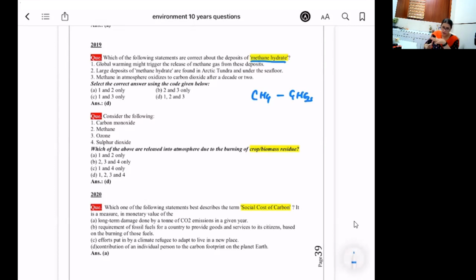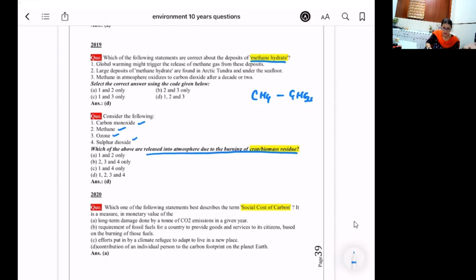But then while organizing that, I have a convention which is related to change of climate, and I have a convention which is related to biodiversity conservation, I become better positioned to solve such questions. See this same question here, I have given the highlighting reference to the analysis, it becomes easier. Carbon monoxide, methane, ozone, and sulfur dioxide are released into the atmosphere due to burning of crop and biomass residue.